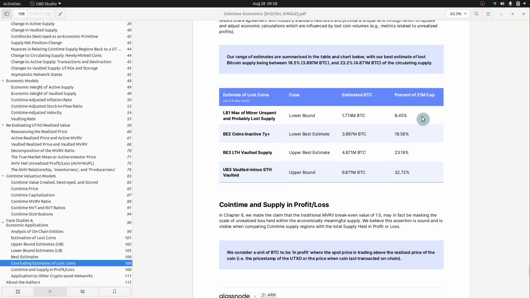So let me just bring up the actual table itself. We look at these different estimates, right, for the grouping of lost coins. The lower bound, we're talking about 9%, 1.17 million. For our best estimate, we've got two different models for our best estimate supply. We're talking about 18.5%, 3.9 million Bitcoin, or 4.8 million at 23%.